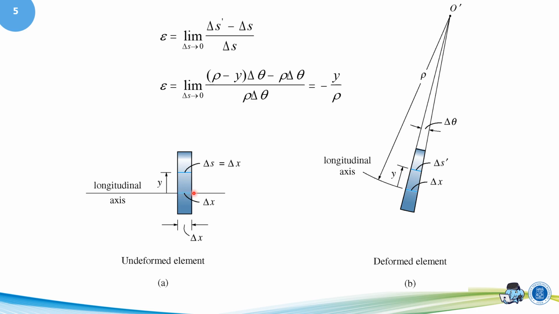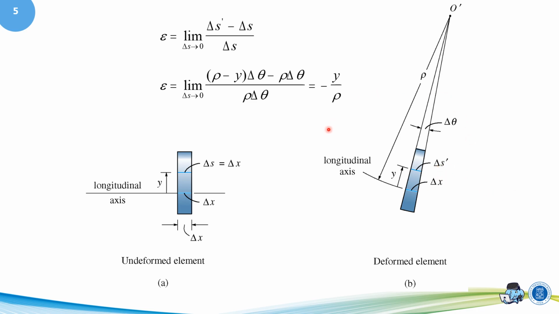Initially it is delta x, and when the bending happens, it's still delta x. But at the other location, it will be different. For example, at the distance y from the natural axis, the length here is delta s before the bending, and when the bending happens, it becomes delta s xz.